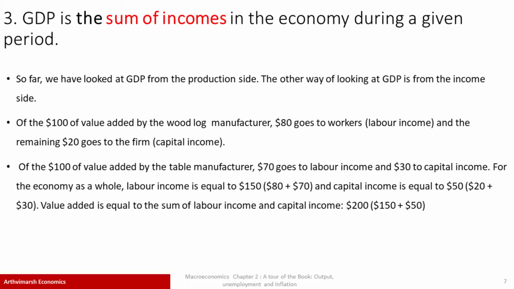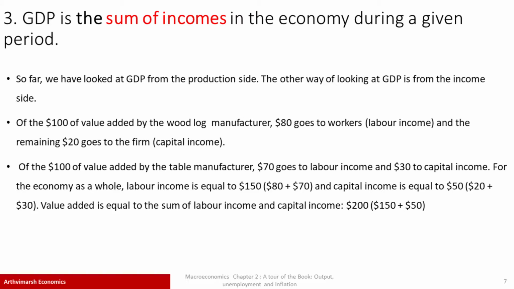For the economy as a whole, labor income is equal to $150, that is 80 in the first and 70 in the latter case, and capital income is equal to $50, that is $20 for the woodlog company and $30 for the table manufacturing or furniture company.